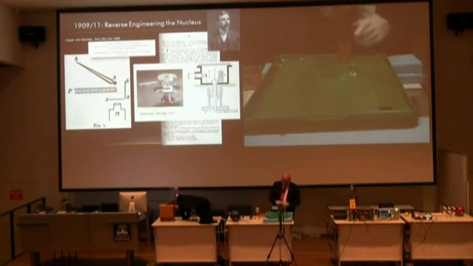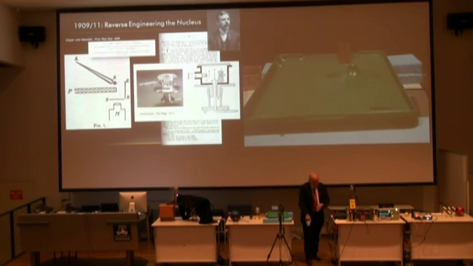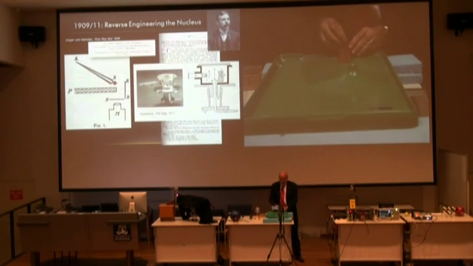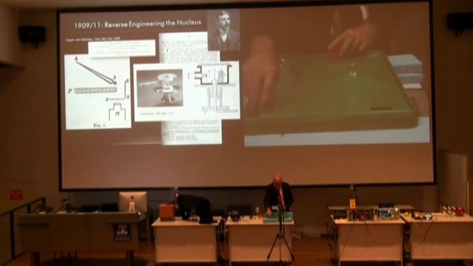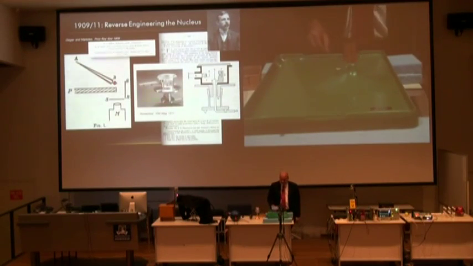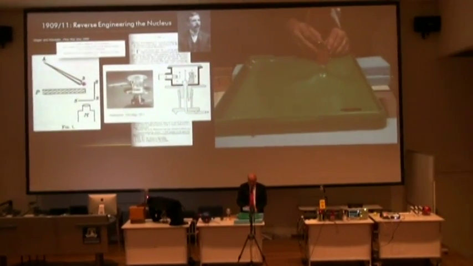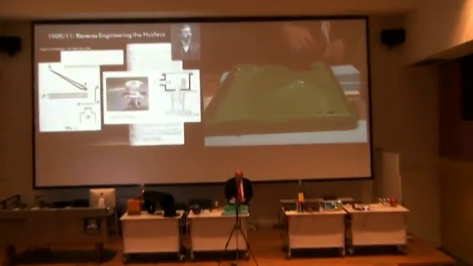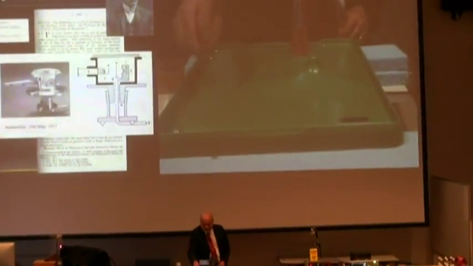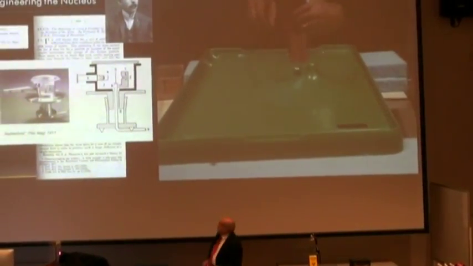You take an alpha particle, actually these ones aren't the radioactive ones, so I can take these off, and scatter them off the nucleus. You haven't got any control over how close the alpha particle goes to the nucleus, but if you do this experiment over and over again, you can gradually build up a picture of what's happening inside the atom. And this is how Rutherford discovered the nucleus.